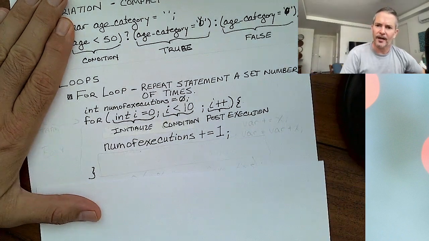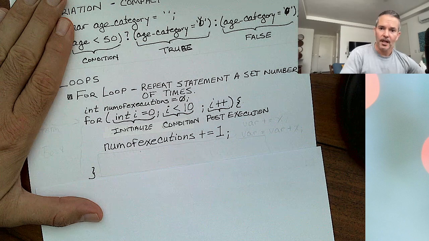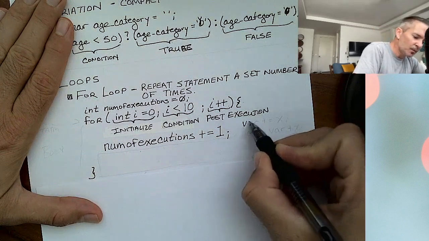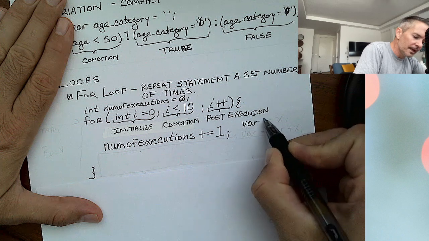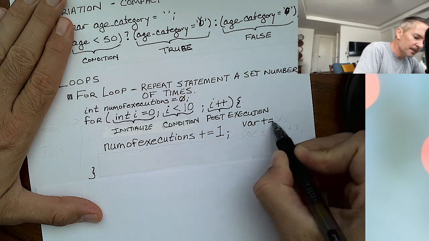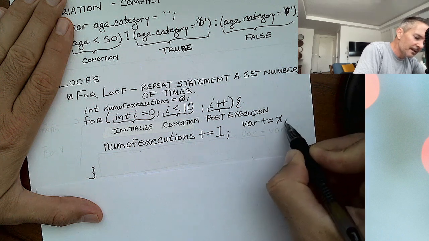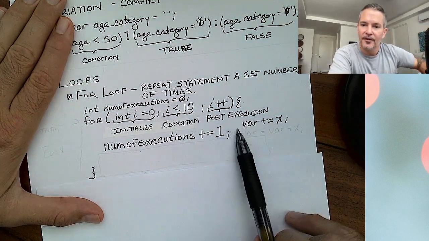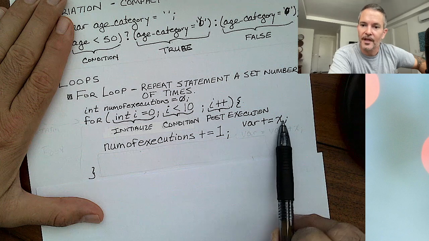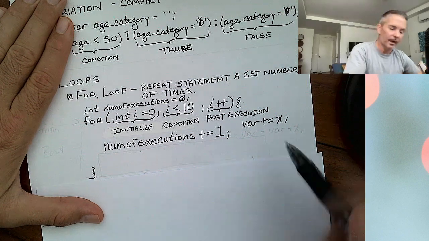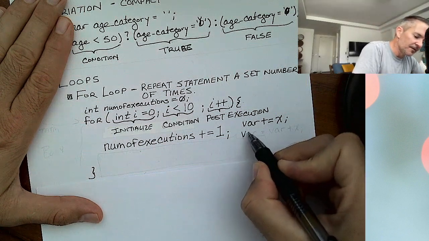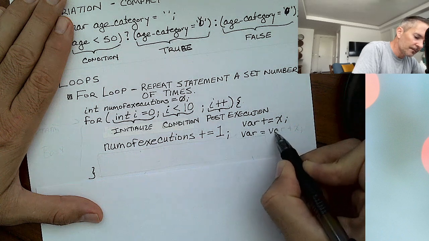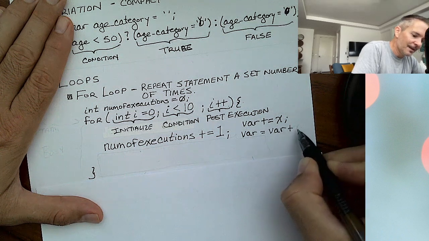Can't quite recall if I went over this in a video or not, but plus equals is just a simple way to increment a variable. So if I say variable plus equals x, what I'm saying is var equals var plus x.